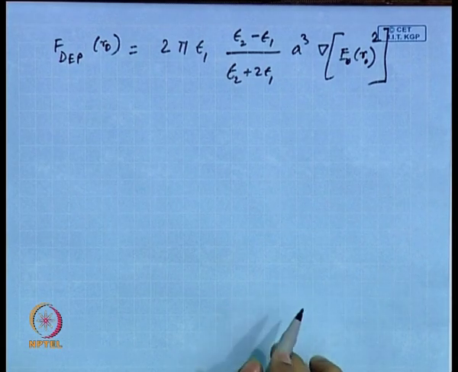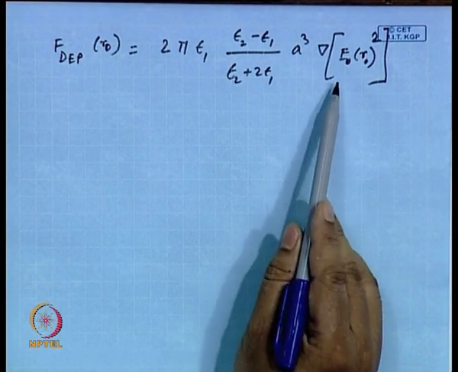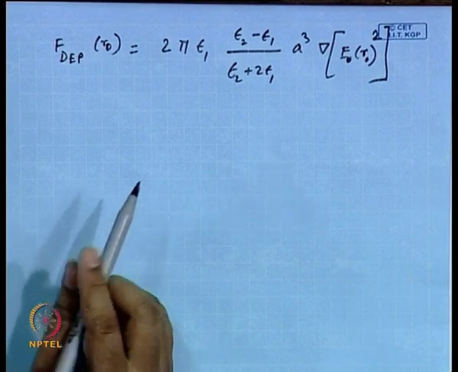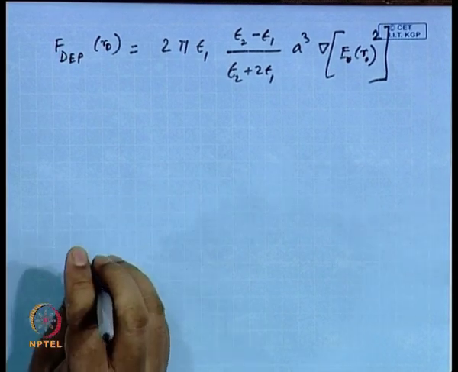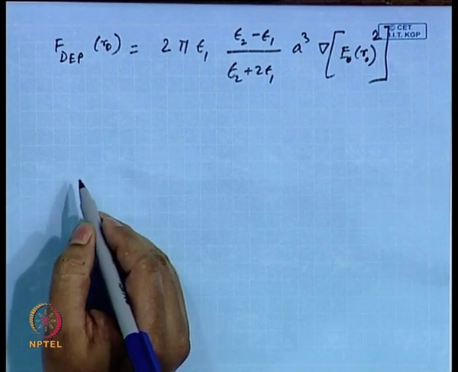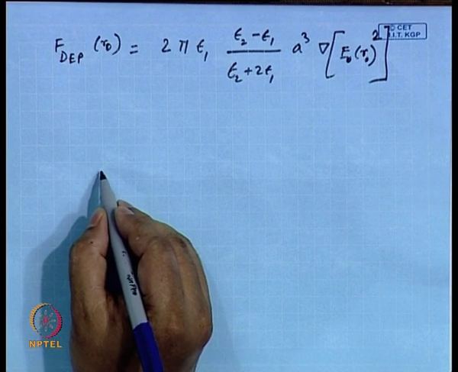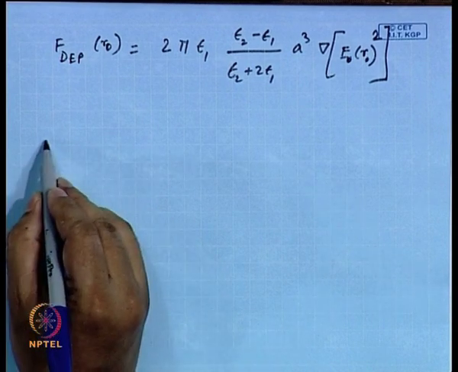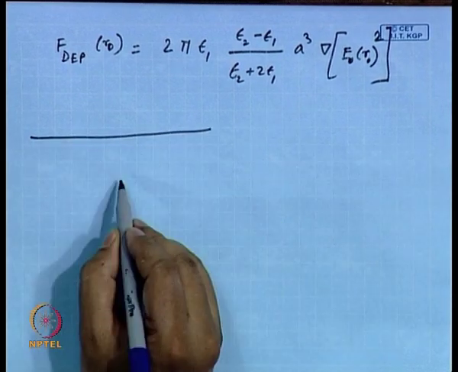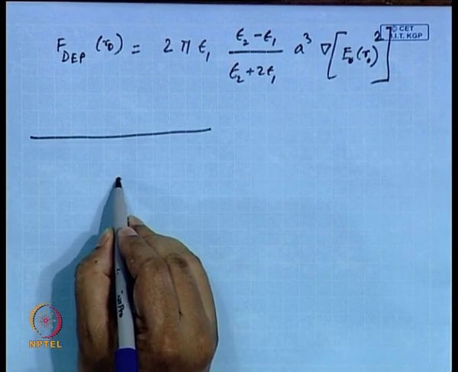Now, you have to find out some expression for this electric field in this case. What ideally you should be doing is, think of this electric field: you have a planar electrode and a point electrode.